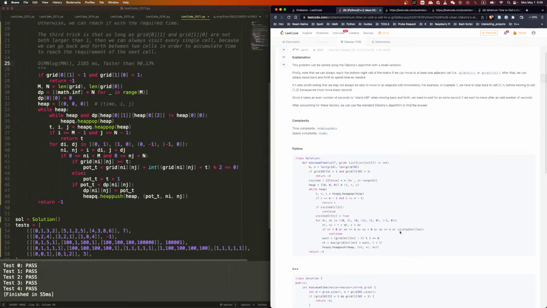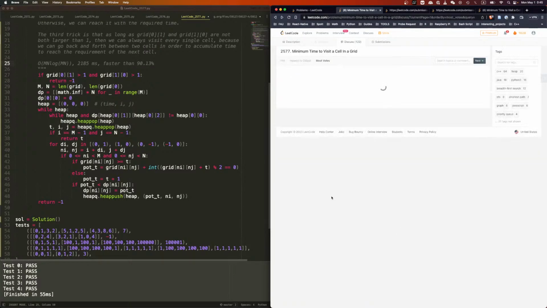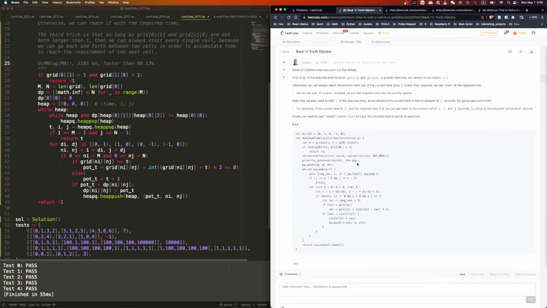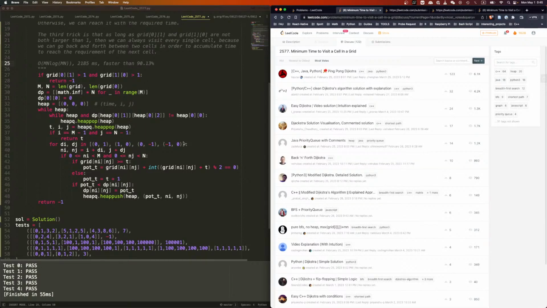Yeah, they all have visited. I thought Dijkstra always has this step, right? Now you're telling me I don't need to keep this. I can just have it visited.